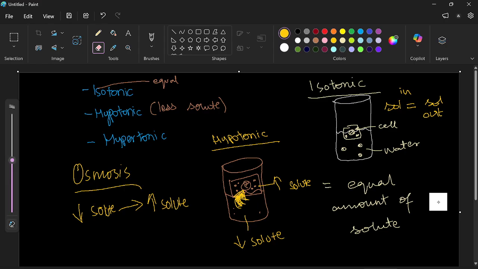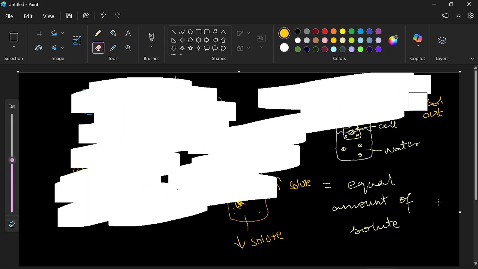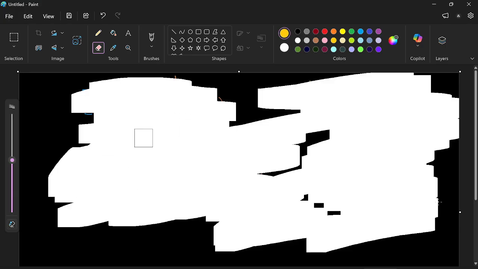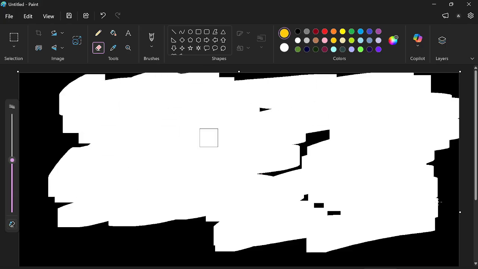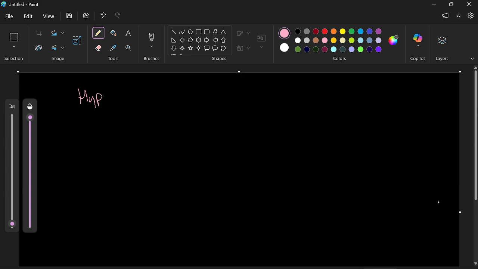Let me just write it in a neater way. So in a hypotonic solution, I'm making this a cell, another cell. It has a higher amount of solute than its environment.